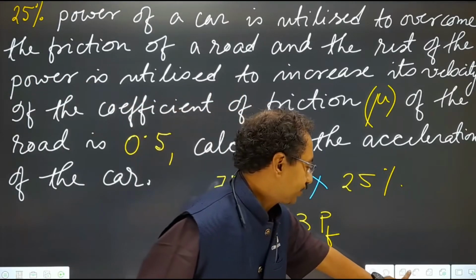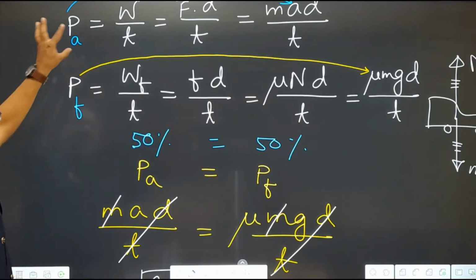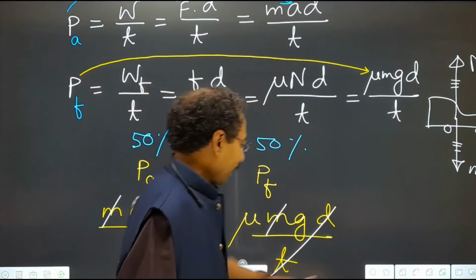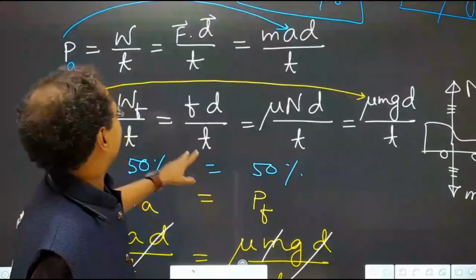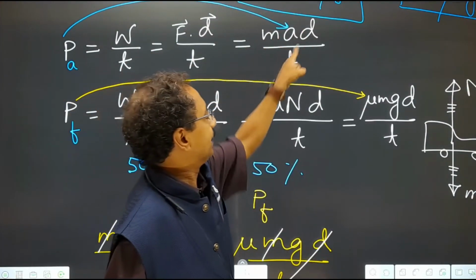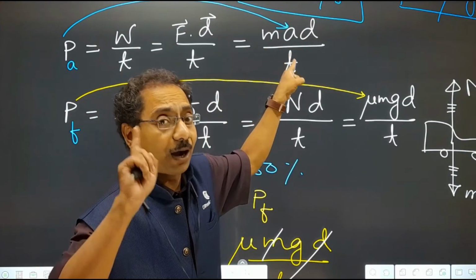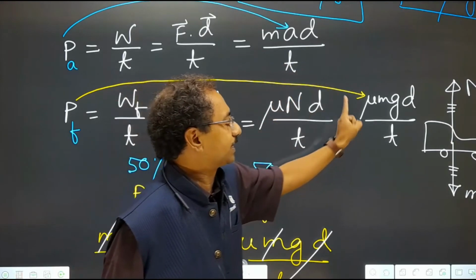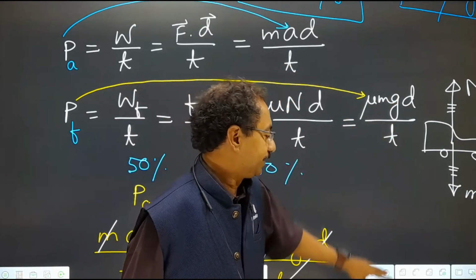In the previous question, we found PA, the power to accelerate the car, is mad by t. And the power to overcome the friction is mu mgd by t.